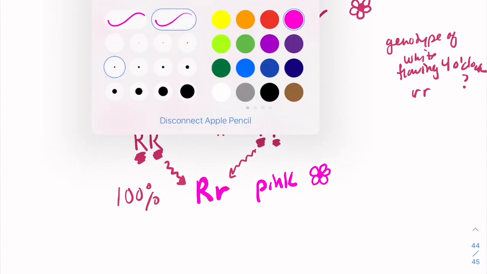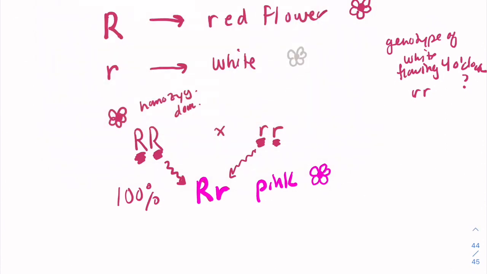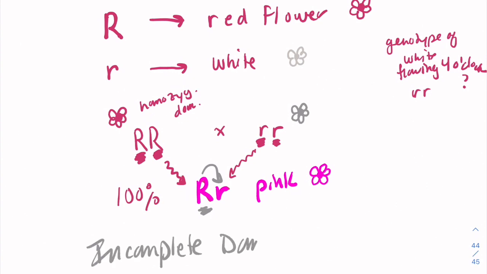And before you get all what the fudge on me here, going, wait a minute, I don't understand. This whole dominant recessive thing, shouldn't this dominant R dominate over this one and they should all be red? But they're not, because I tricked you, this is an example of what we call incomplete dominance.